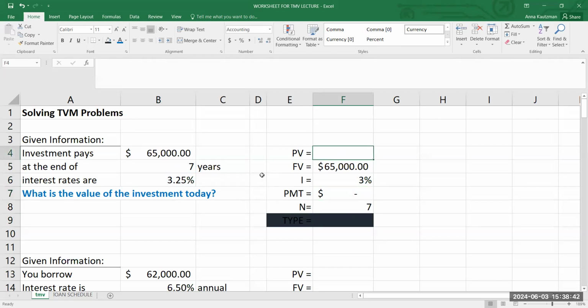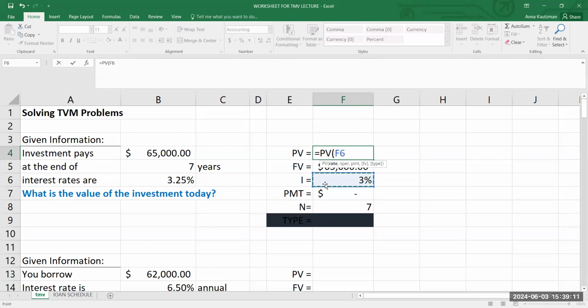So what I have to calculate is the value today, which is our present value. The Excel function for that is equal PV. And when you're typing, it will pop up, and it will also tell you what that function does, so you can be sure you're getting the right one. Excel then tells you in what order it needs the information. It needs rate.